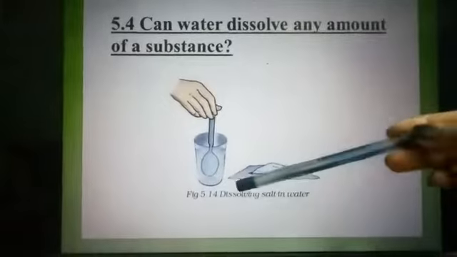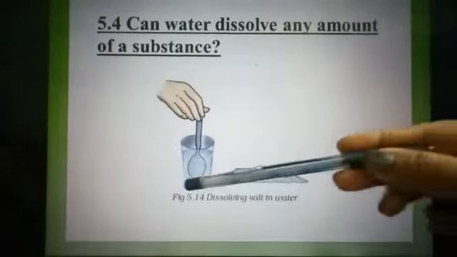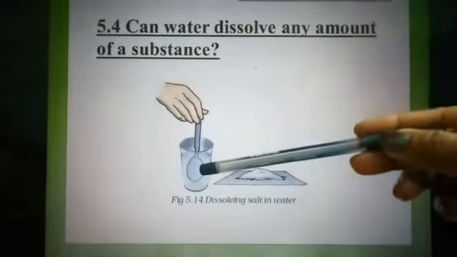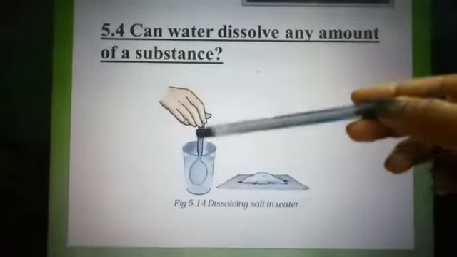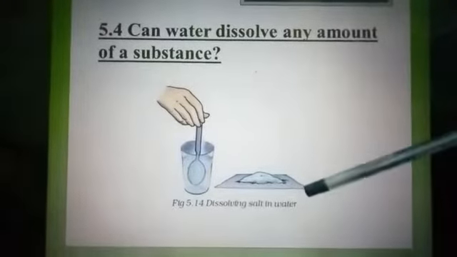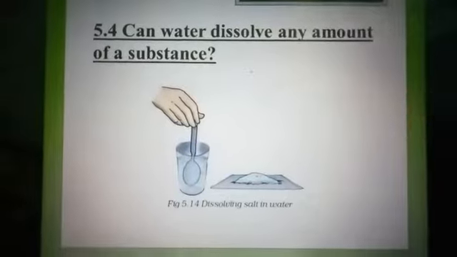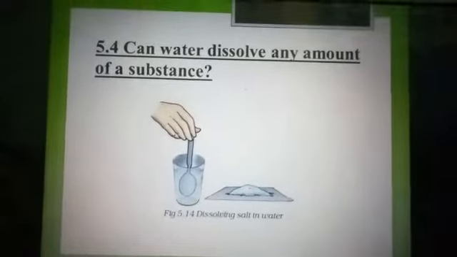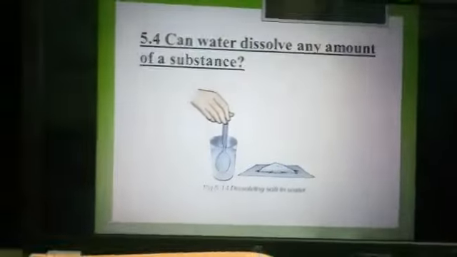Just look here, dissolving salt in water. So here what is there? Glass, and then water is there, and the person is dissolving salt in water with the help of a spoon and his hand. Here is paper, and then what is present here? Salt. Very good. So now this activity we are performing here, and we are just trying to find out what is occurring.